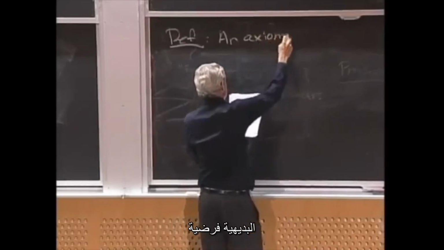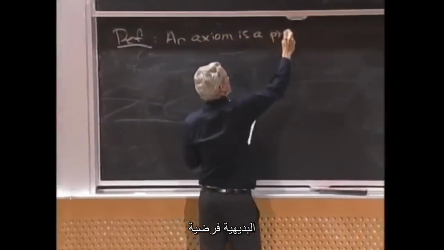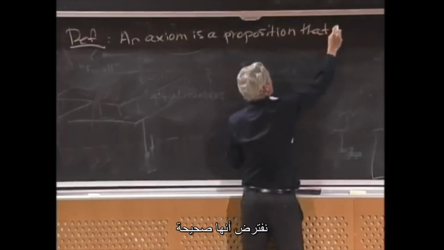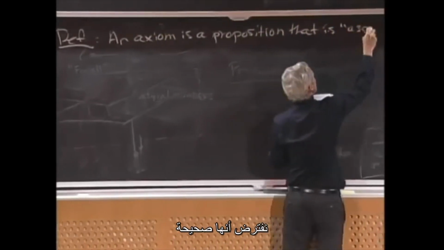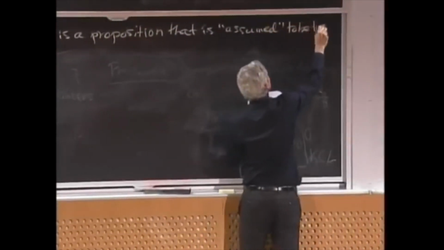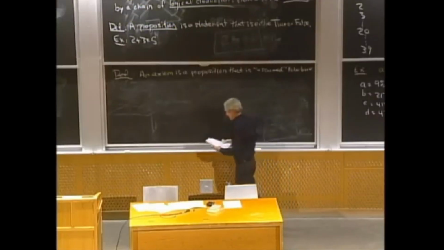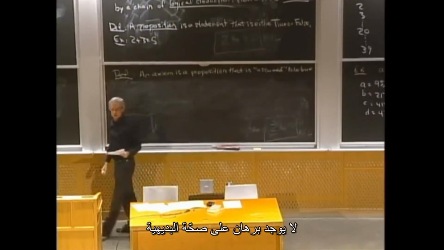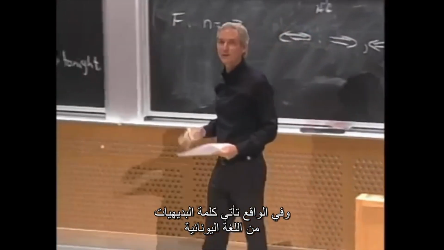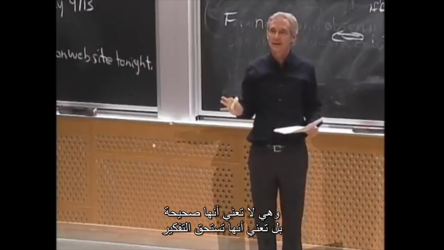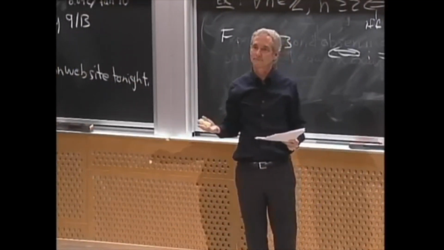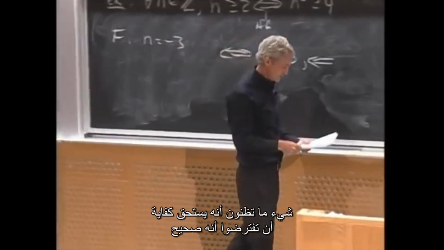An axiom is a proposition that is assumed to be true. There's no proof that an axiom is true. You just assume it because you think it's reasonable. In fact, the word axiom comes from Greek. It doesn't mean to be true. It means to think worthy.